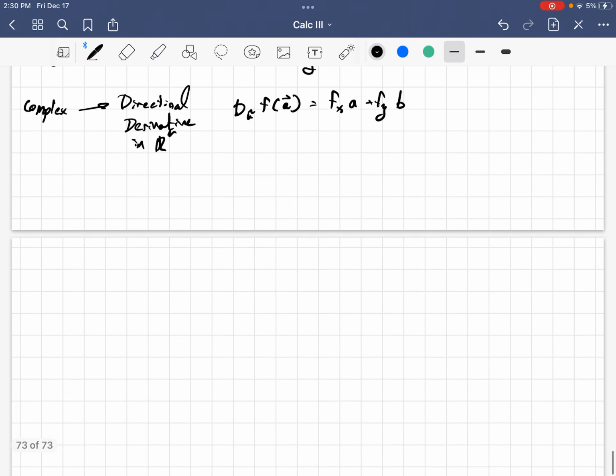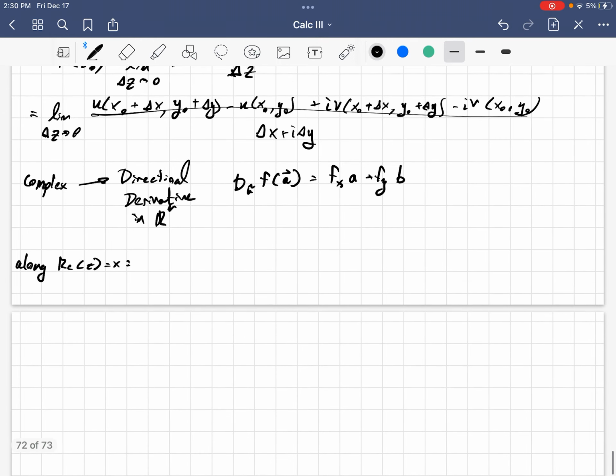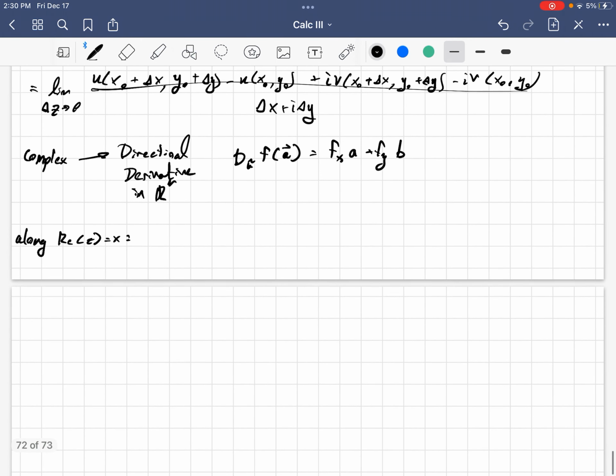So, along the real axis, along Re of z equals x, what do we have? We have the limit as delta x goes to 0, not as delta z goes to 0. Now it's delta x.